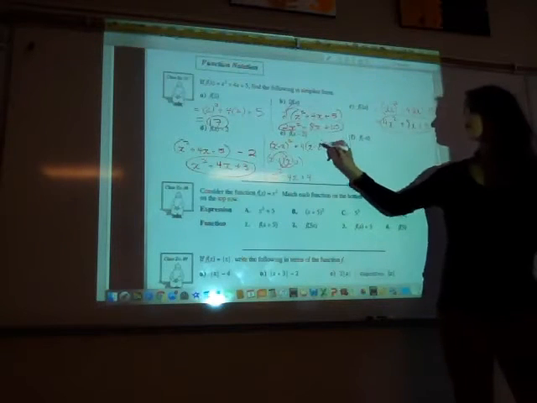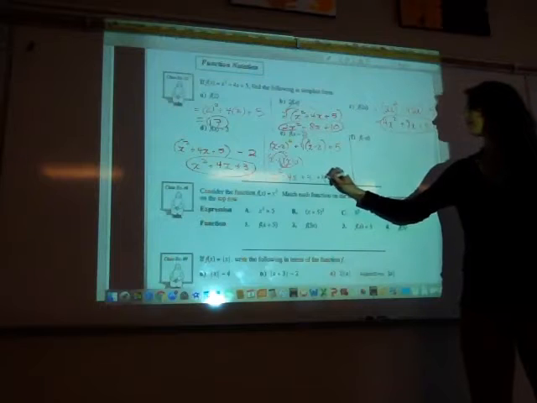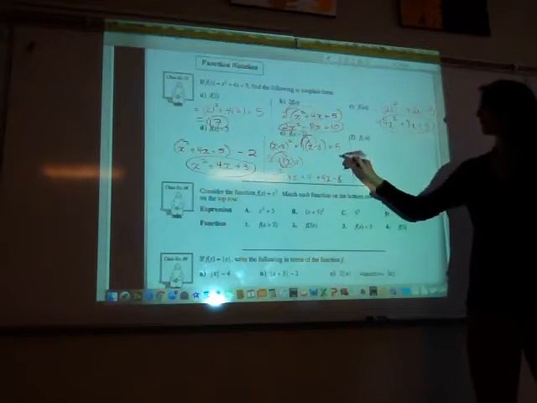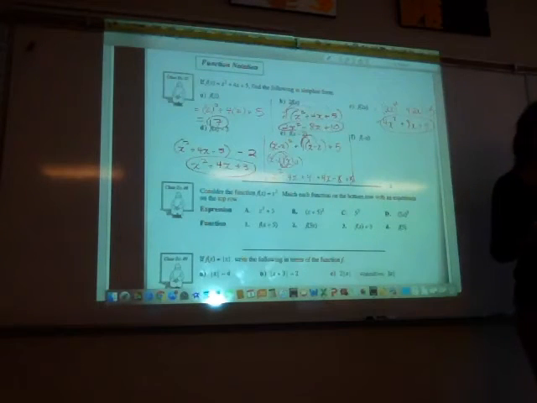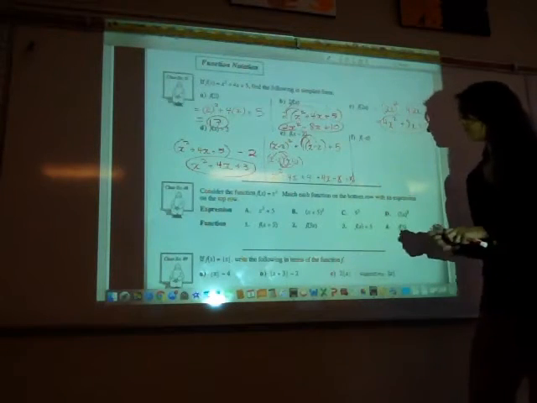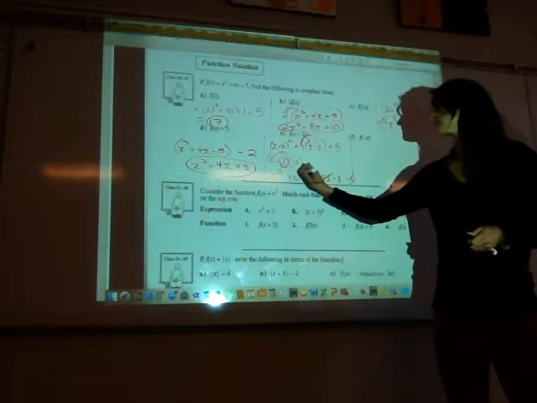Then we have to distribute in the second term, so 4 times x, 4x. 4 times -2, -8. And then we're adding the 5 at the end. Can we clean things up? So -4x, +4x, those will cancel out.